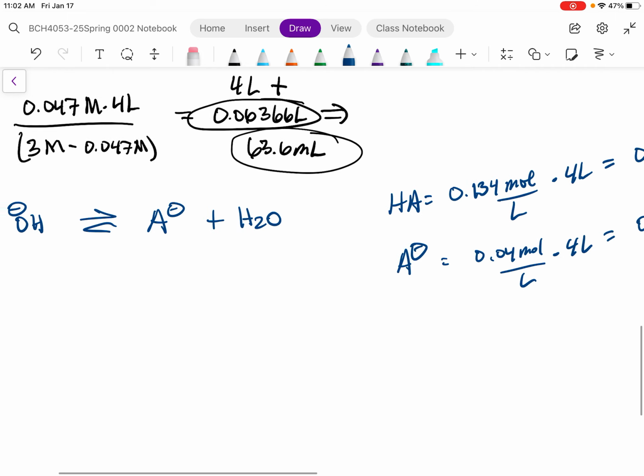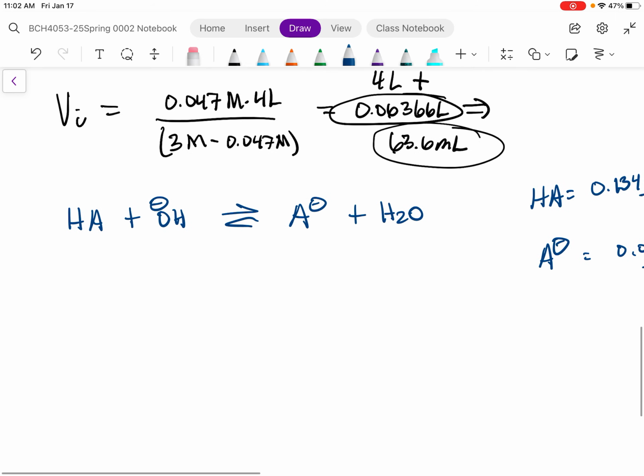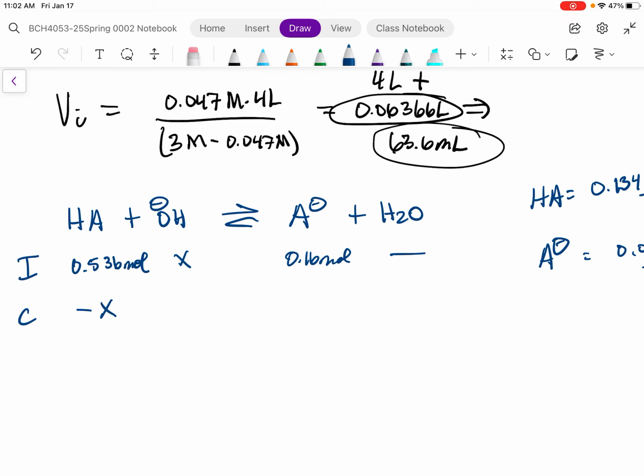So when we come here and draw our ice table, we can say we started with 0.536 moles. We're going to add X amount of that. We started out with 0.16 moles of acetate, and we don't need to worry about water. Now the change is the exact same thing as before.